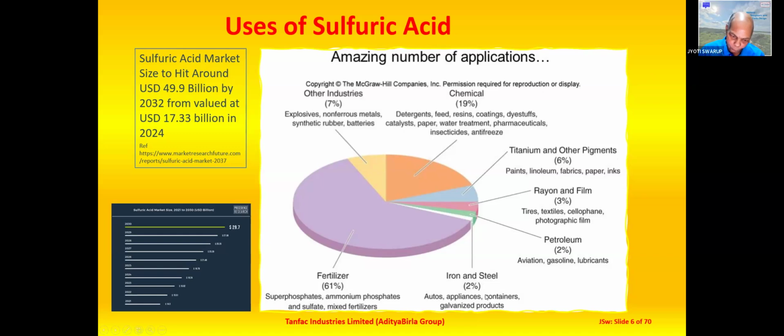Iron and steel is one of the users. So these are some of the users that we have in the industry, and we are talking of around $49 billion used by about 2032.